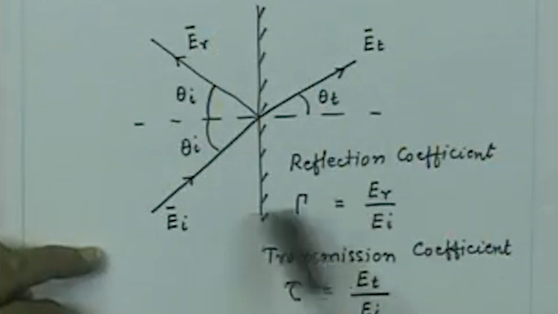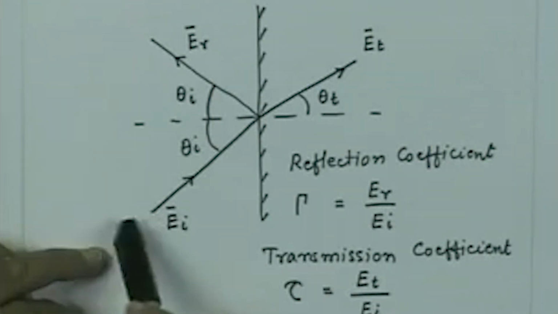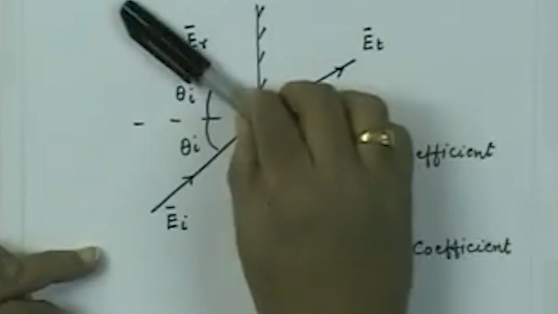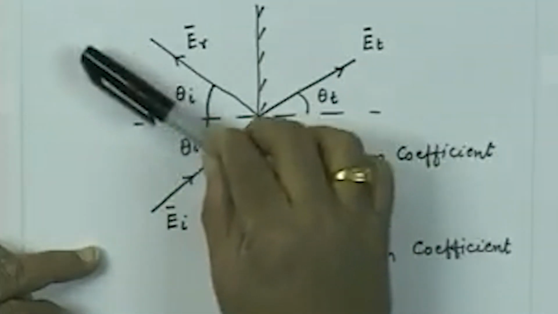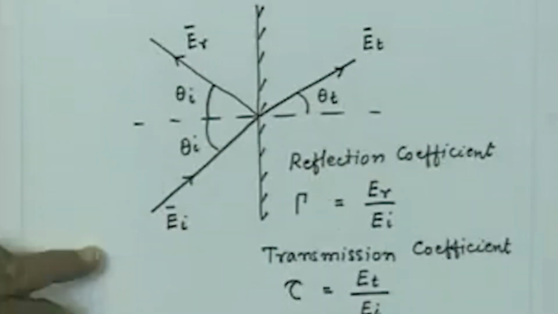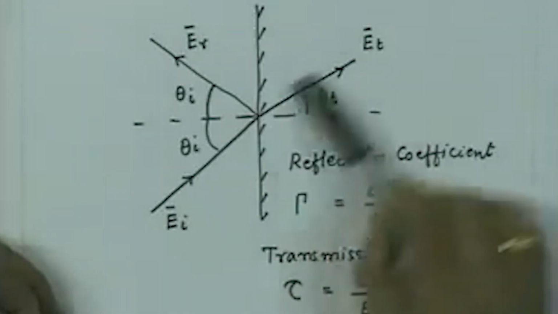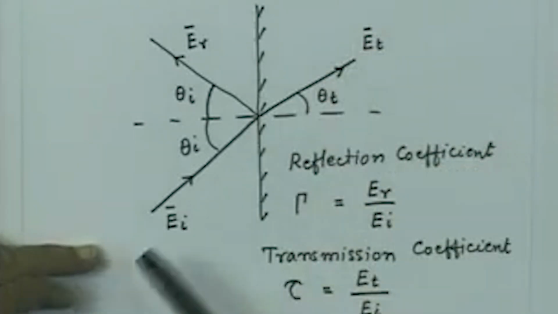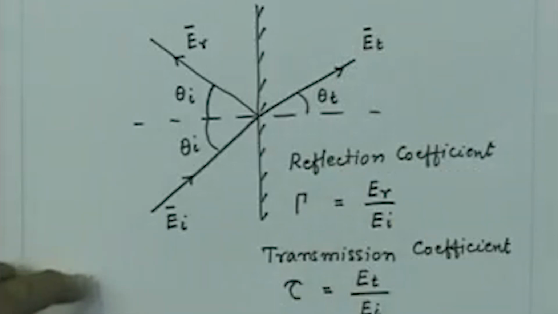So, the ratio of E and H was equal to intrinsic impedance in this medium. The ratio of the electric and magnetic field for this wave also is intrinsic impedance of this medium, because this is again a transverse electromagnetic wave, and this wave again is a transverse electromagnetic wave. So, the ratio for the electric and magnetic field for this medium also is intrinsic impedance.